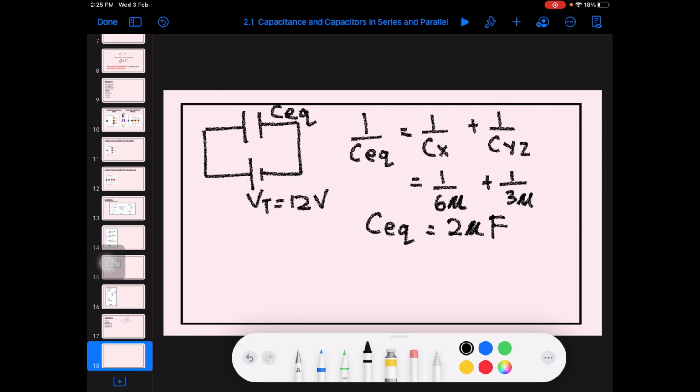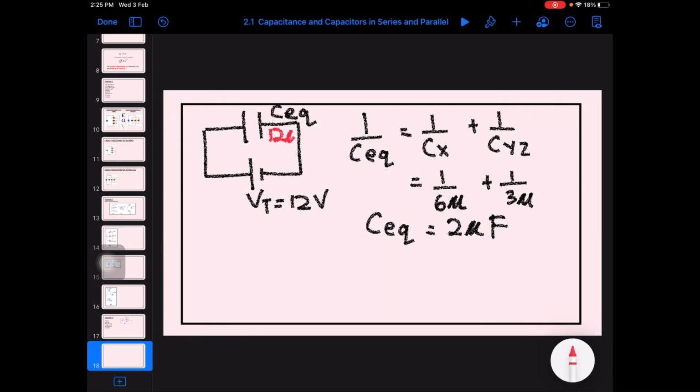So this is the simplified circuit. You can write all the information at the capacitor. It is equivalent to 2 microfarad, and V total is 12 volt. How about Q total?